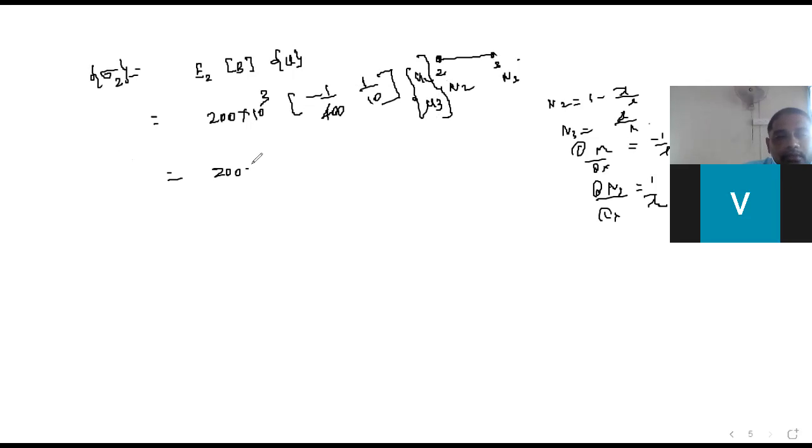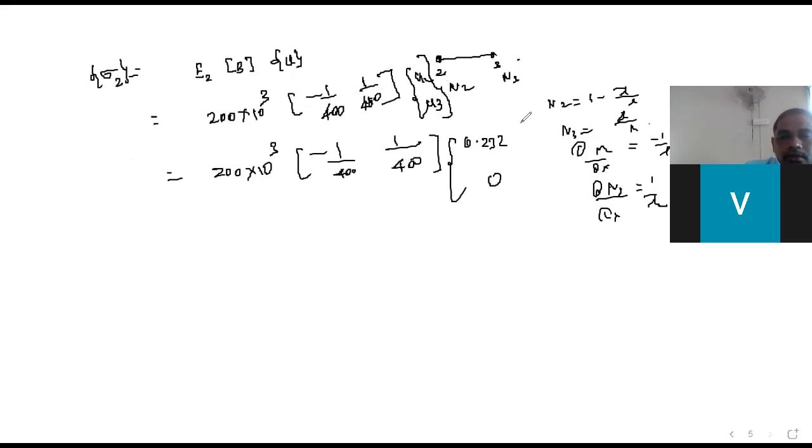So 200 into 10 power 3, minus 1 by 400, plus 1 by 400, multiplied by, what is the value of U2? It is 0.232, we have calculated. U3 value is 0.